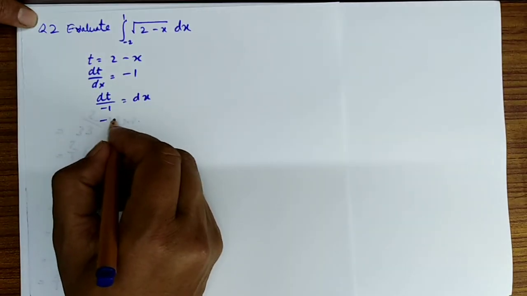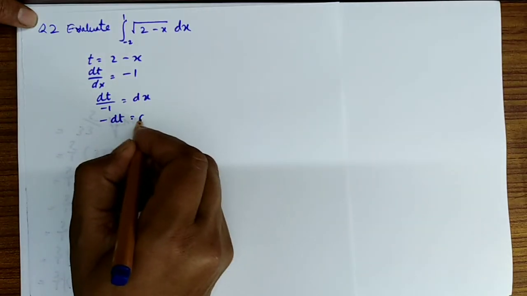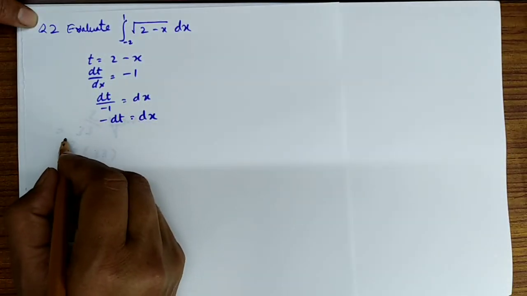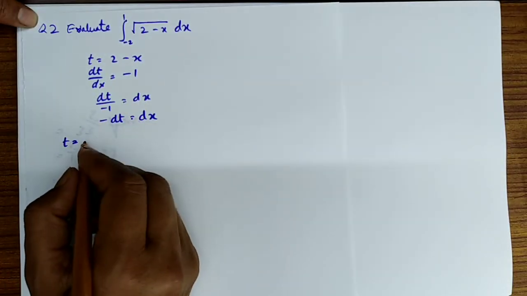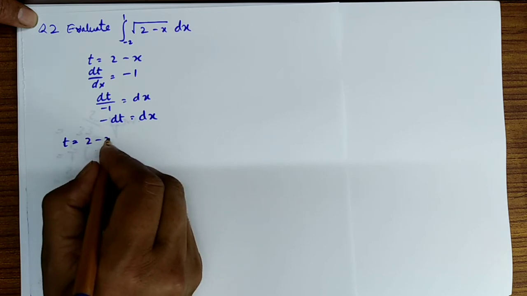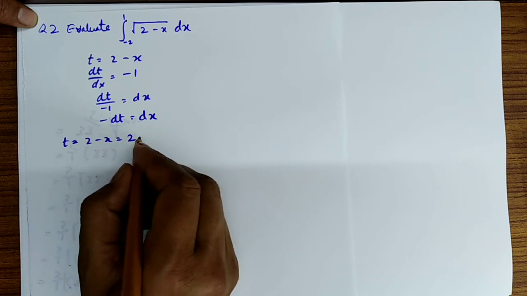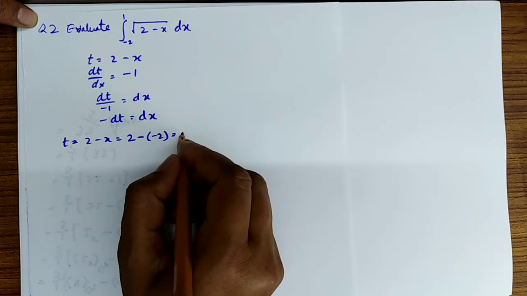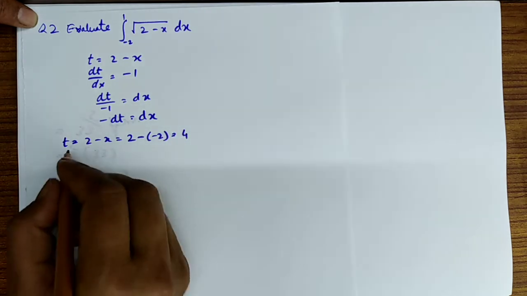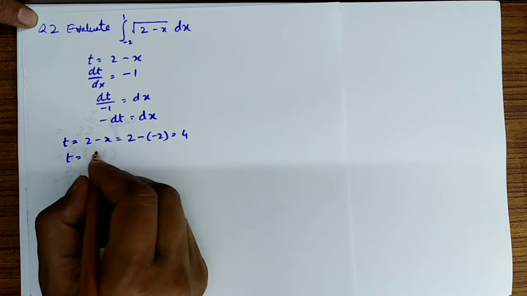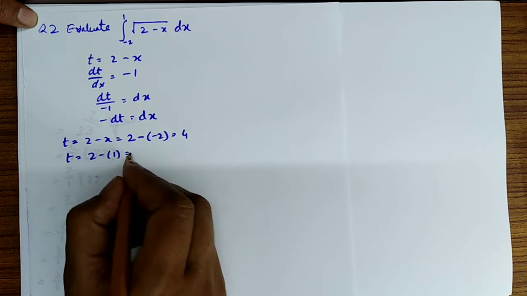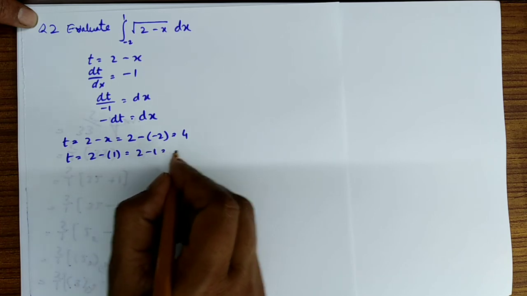So we can write minus dt equals dx. Now changing the limits, t equals 2 minus x. Take the lower limit, that is minus 2, that will give me plus 4. Now the upper limit, that is 2 minus 1, 2 minus 1 is 1.